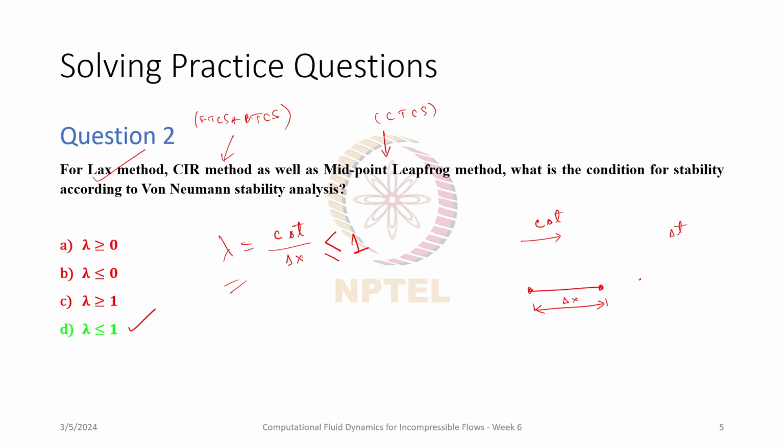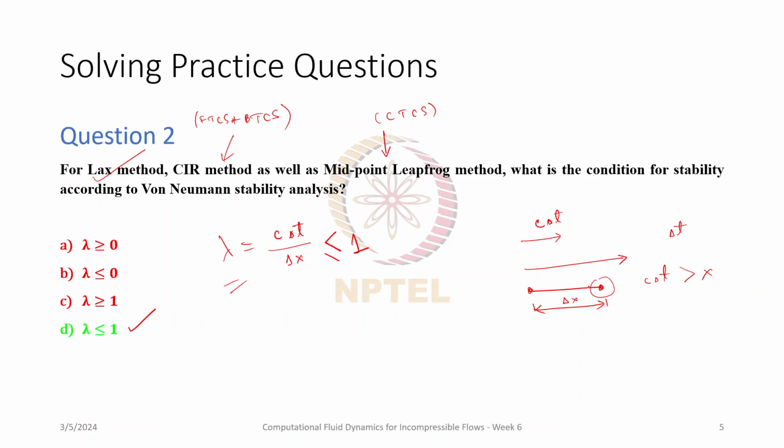So if c delta t is greater than delta x, then you can imagine that in one time step, the disturbance would cross the next point and move over near the further next one, and so the actual change in this point won't be resolved properly.